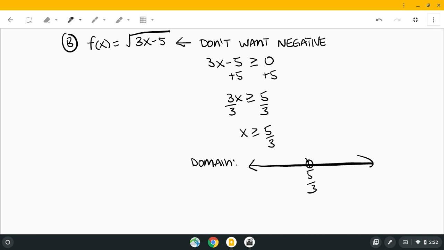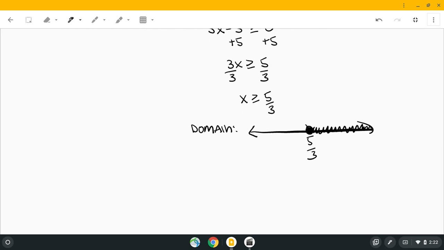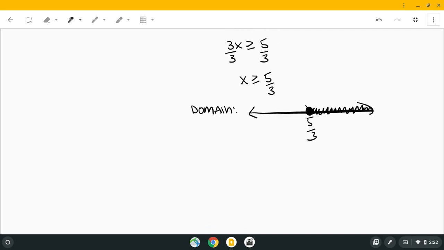So x can equal 5 over 3, so this will be a closed circle, and all of that, right? So the way we write this in interval notation is we say 5 over 3 up, bracket, because it's okay for x to be 5 over 3. So we will use the bracket this time instead of the parenthesis, and then positive infinity. So this is how you would write your answer.